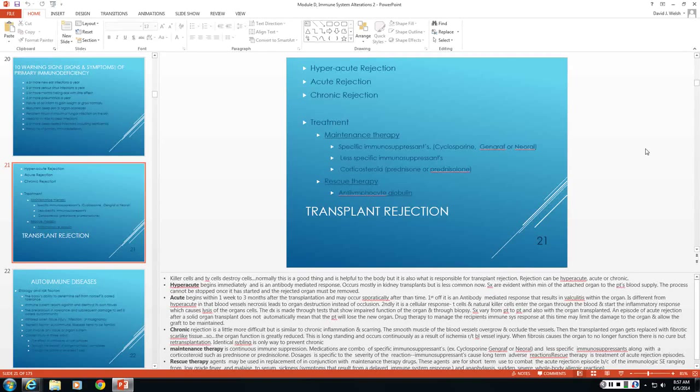This is long-standing and occurs continuously as a result of ischemia related to blood vessel injury. When fibrosis occurs to the organ, it becomes usually no longer functioning, and there's no cure but to have retransplantation.